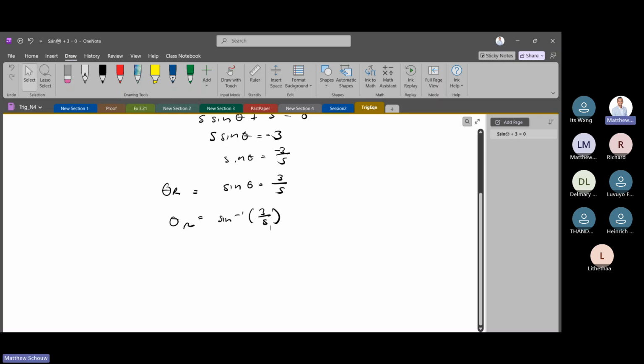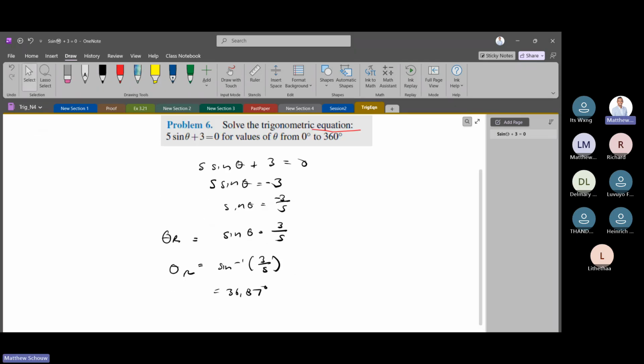And you should get 36.87. That's fine. 36.87 degrees. So that's just the reference angle I'm talking about. Is everyone happy with this? I believe we all can do that, right? Yes, sir.